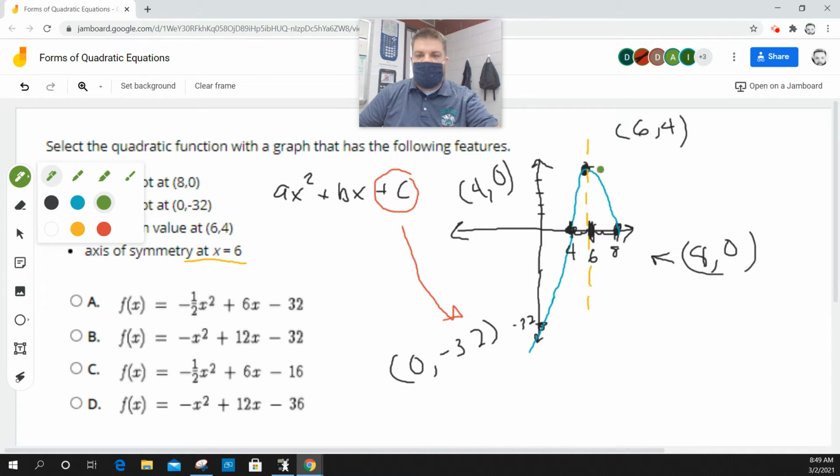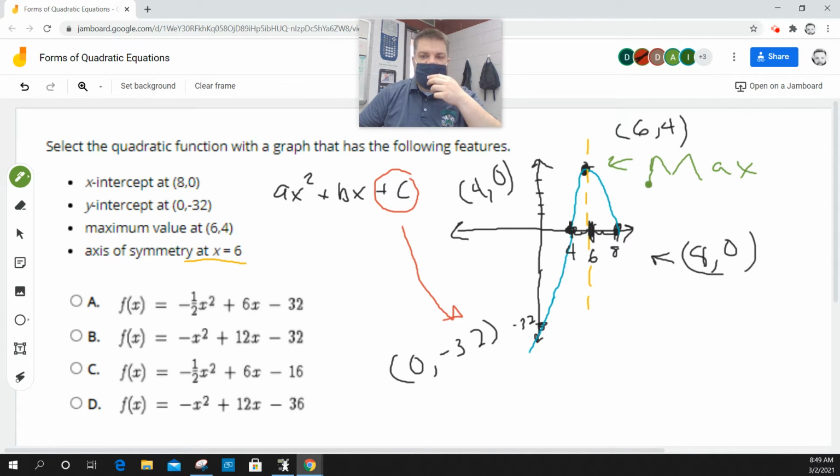Well, if this is a maximum, that means that A has to be a negative number. And a fancy math way to say negative number is A has to be less than 0. So if A is less than 0 or negative, I'm guessing it's probably B.